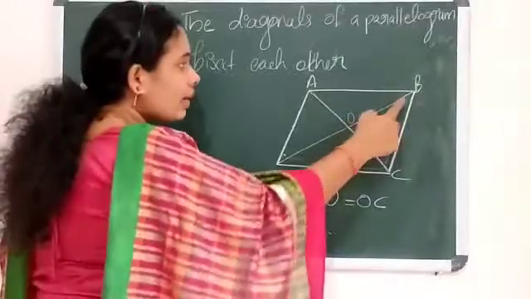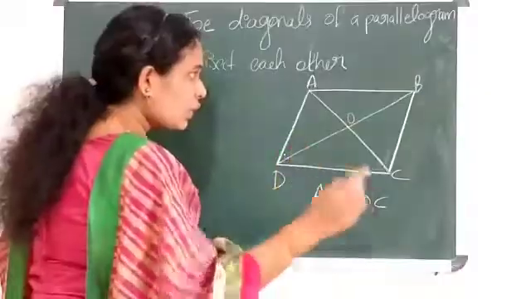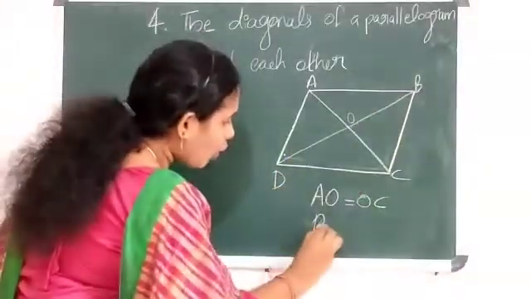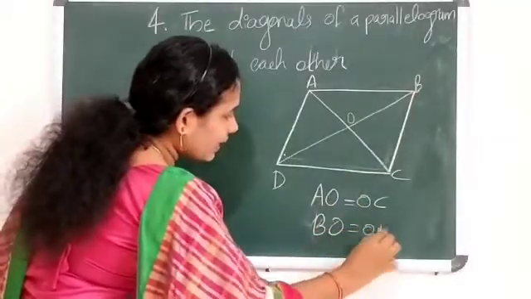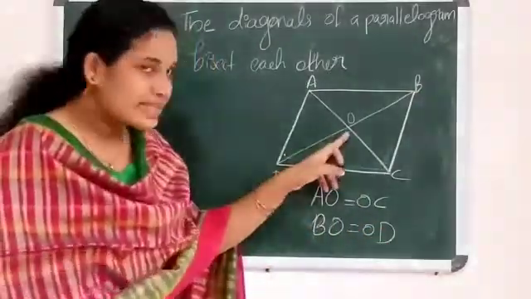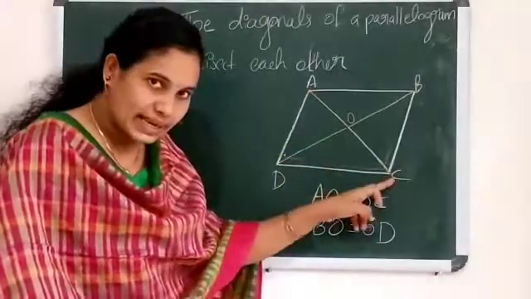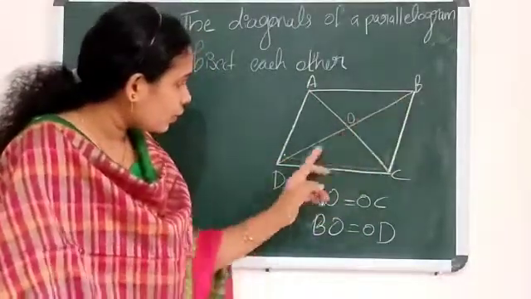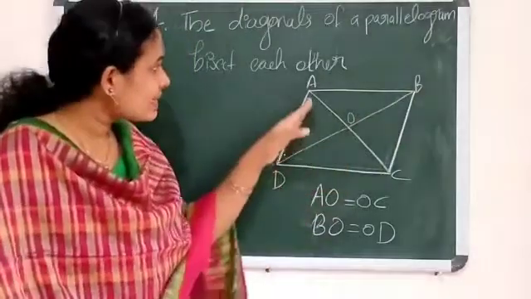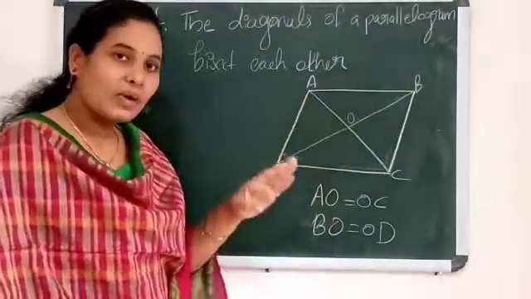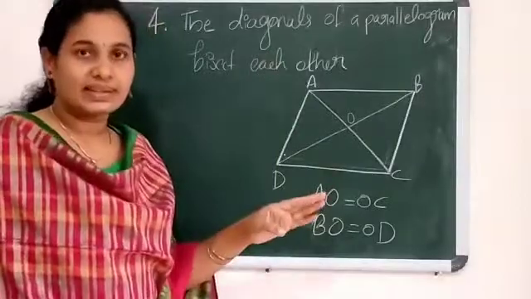Similarly, O is the midpoint of the line BD, so BO equal to OD. That is, the diagonals of the parallelogram bisect each other.